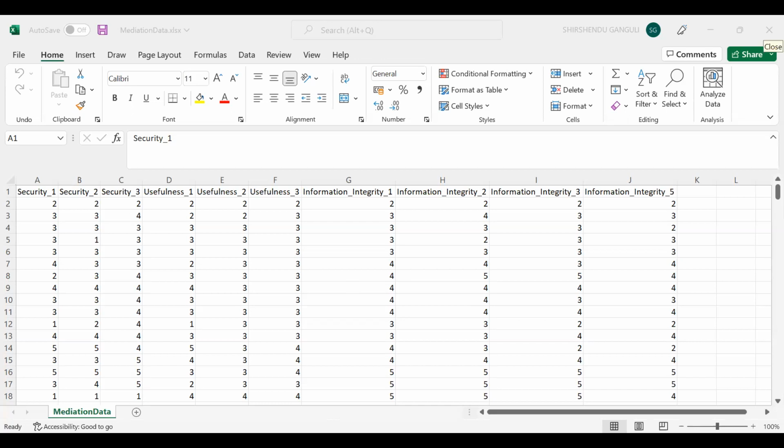Security and usefulness have three variables under them, and the information integrity construct has four variables under it. So this is the data file I have sent you.